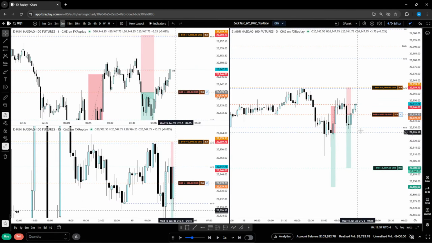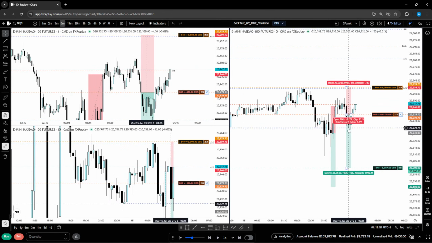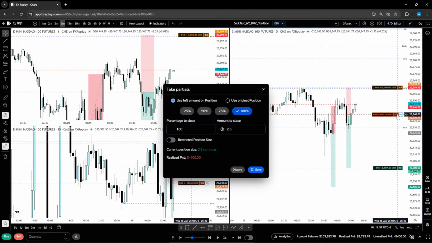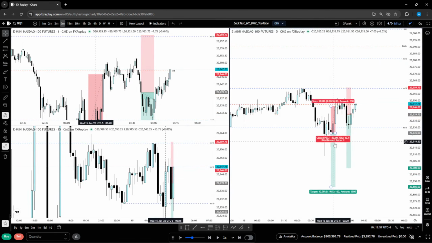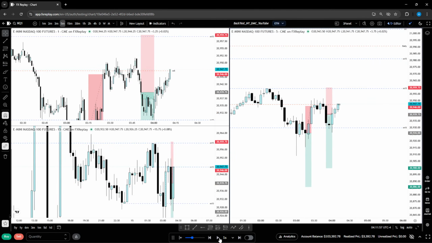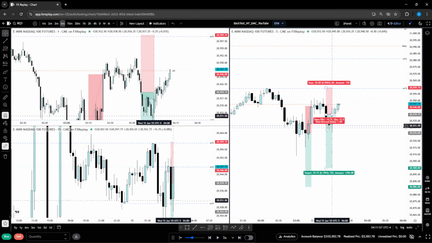So it looks like this is a swing failure and probably is going to go higher. Evaluating again. Maybe later if we can come grab this low.